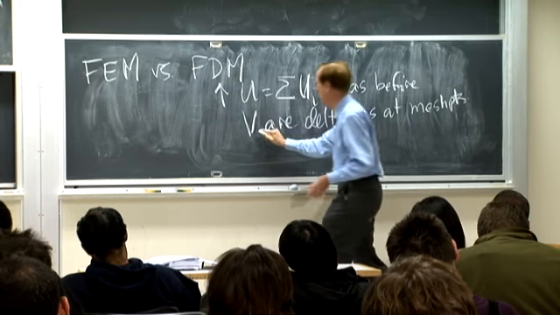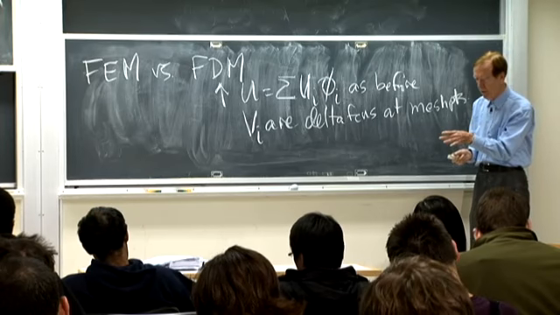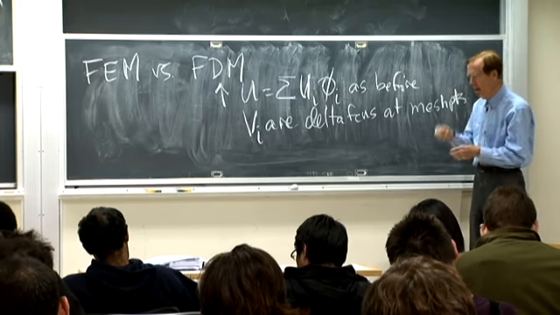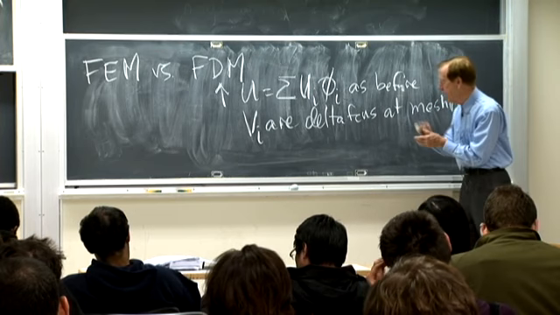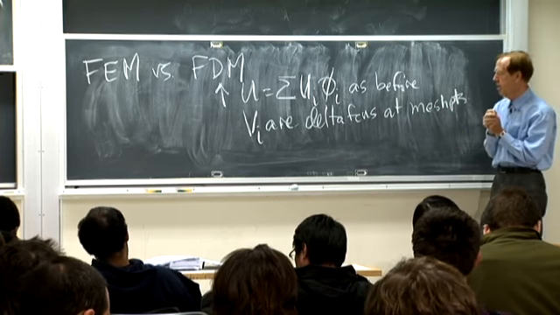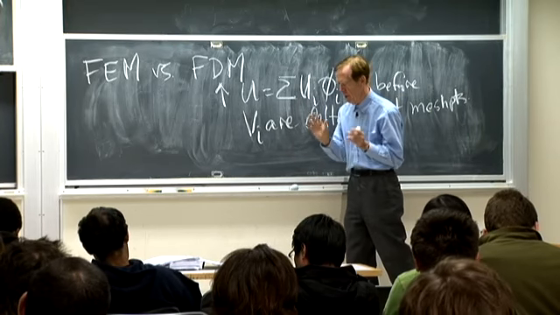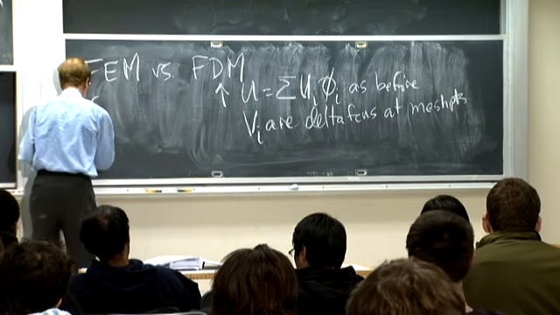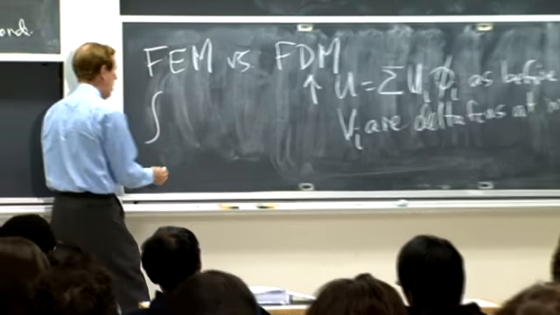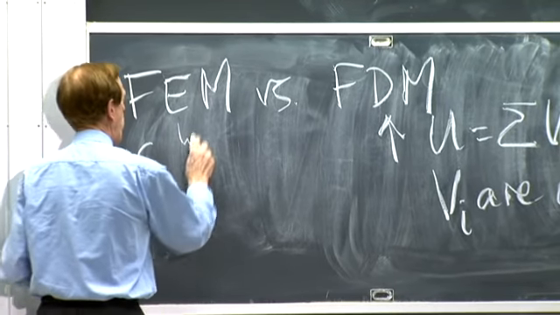So the V_i, the test functions, I'll want n of them. I'll have n mesh points. At my n mesh points, those will give me n delta functions, n test functions. And what happens then when I look at the integral? The finite element deal says take your combination, take the weak form.